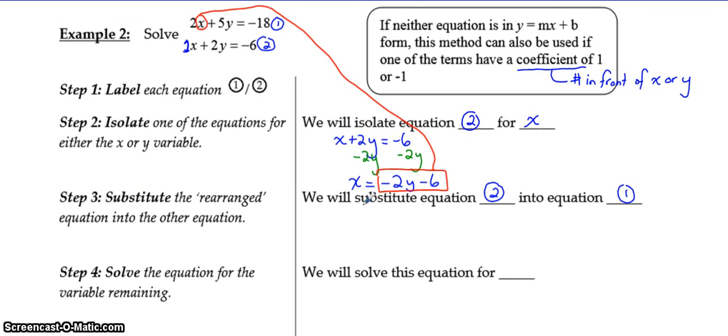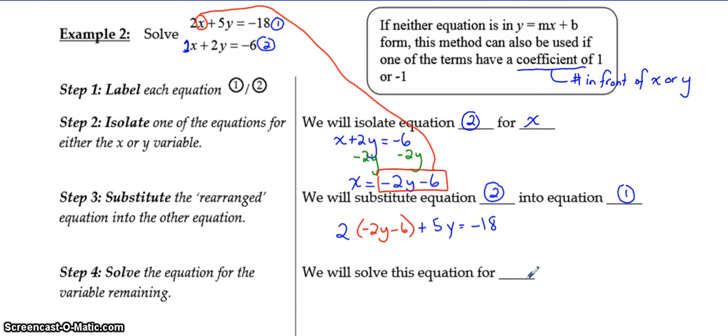So we're going to have, instead of 2x, it's going to be 2 times this expression plus 5y equals negative 18. So remember, this expression was equal to x. So we have 2x plus 5y equals negative 18.